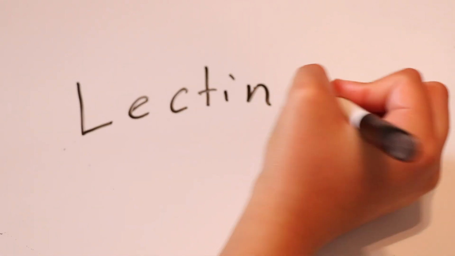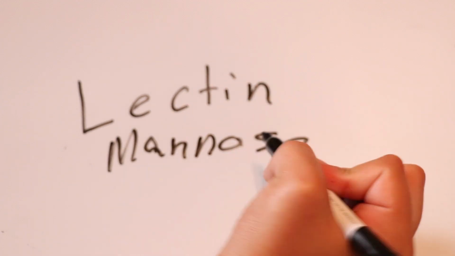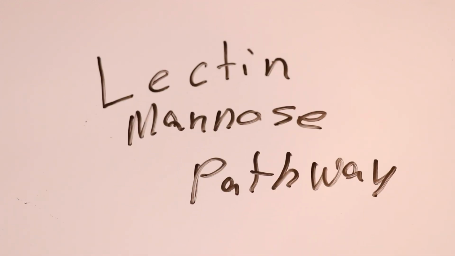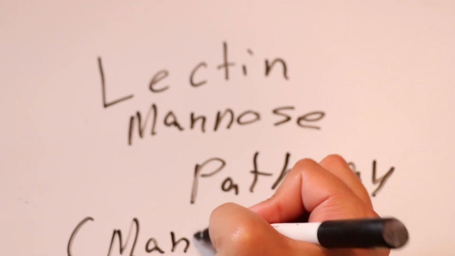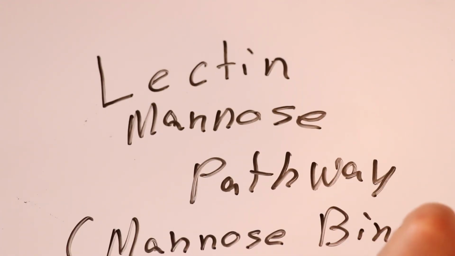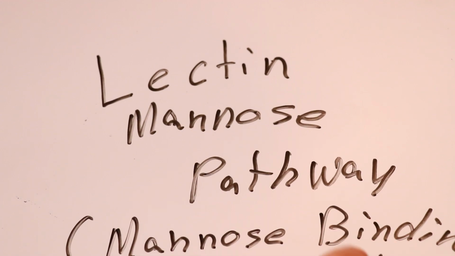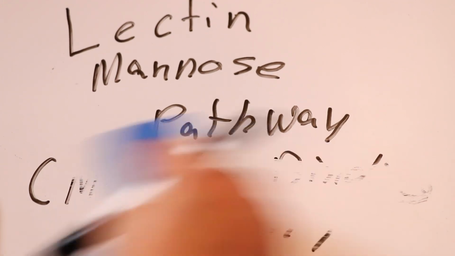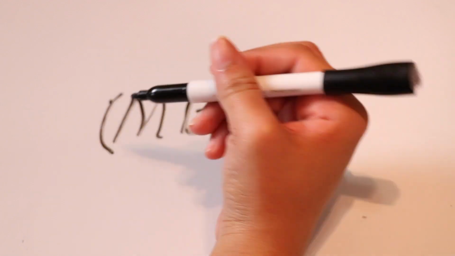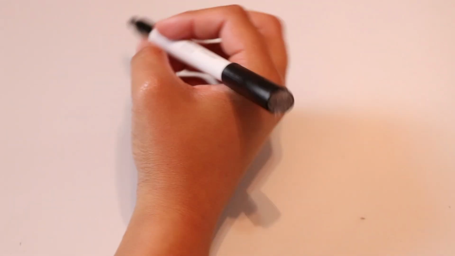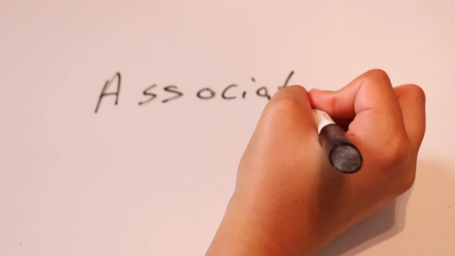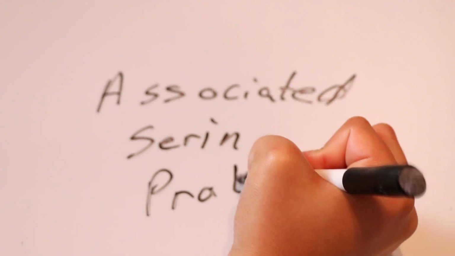So the lectin-mannose pathway starts by the mannose binding lectin, MBL, and the protease MASP, which is mannose binding lectin associated serine protease.